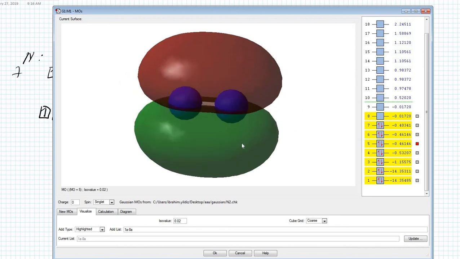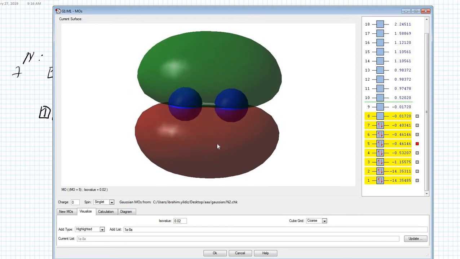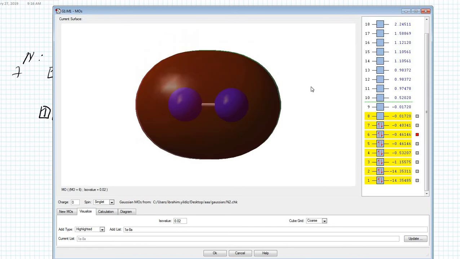The next one is pi molecular orbital as a result of 2p orbital in this nitrogen and 2p orbital of that nitrogen overlapping with the same algebraic signs of their wave functions, creating pi bonding molecular orbitals.